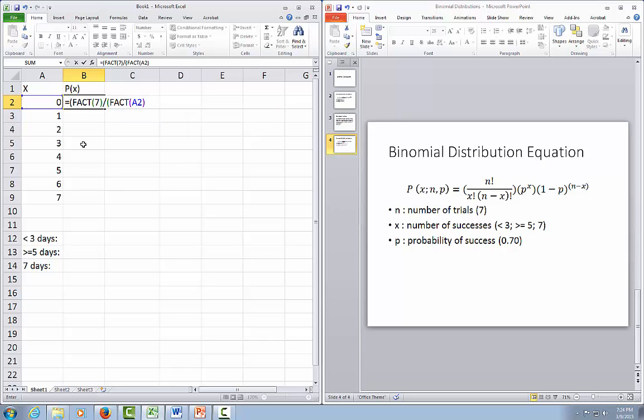x, multiply by the factorial of n minus x, and then we're going to multiply this by p, which is 0.7, to the power of x, and then multiply this by 1 minus p to the power of n minus x.